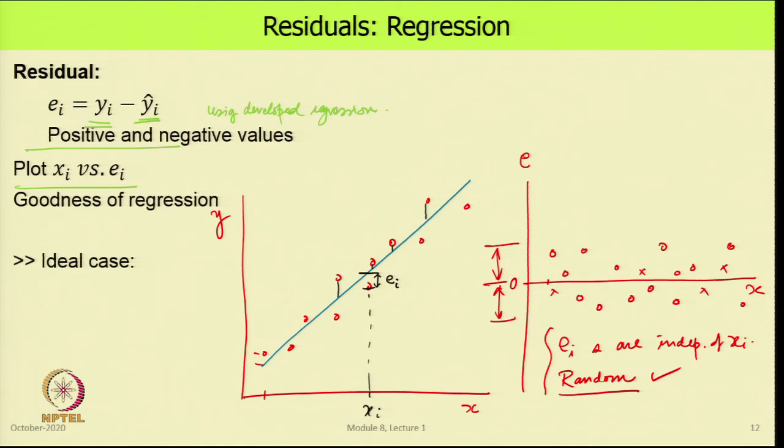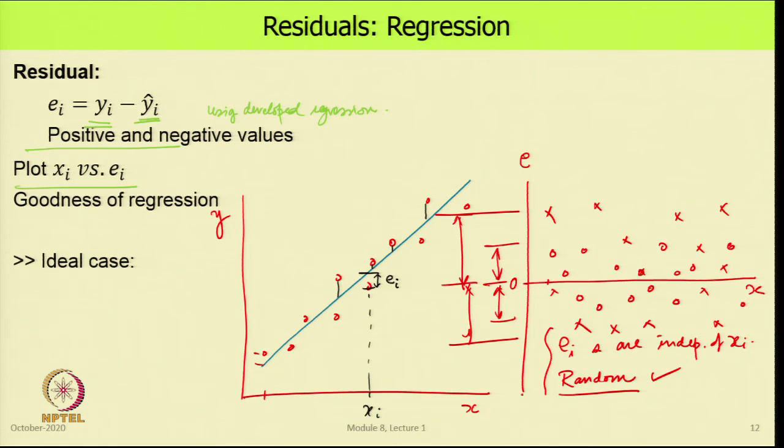So, you could have one set of data which was like this and another set of data that could have been like this, shown by the crosses. The only difference between the cross and the circle is that all the crosses lie in a larger range than all the circles.